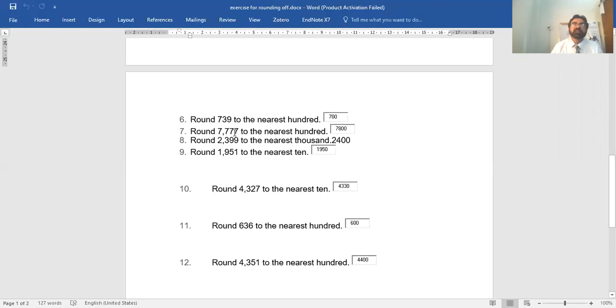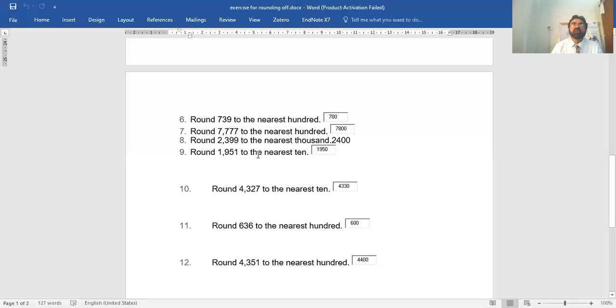To the nearest 100 means this one. Rounding 2399 to the nearest 1000, it will become 2,400. 2,400 is one number less than 2,400.